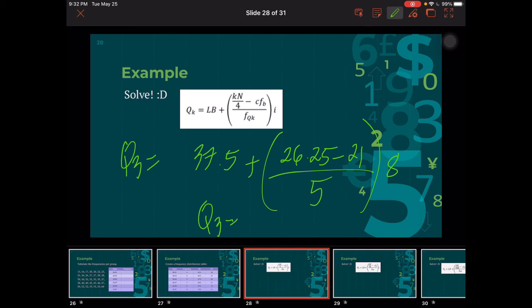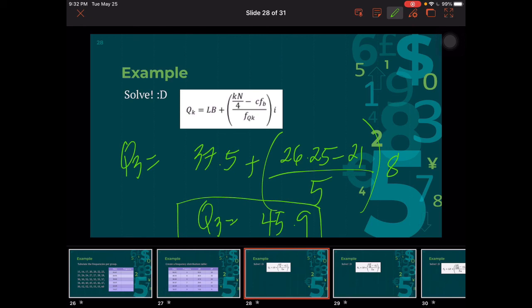So, ang Q3 po natin ay 26.25 minus 21 divided by 5 times 8 plus 37.5. You have a 45.9. This is your third quartile score. Okay?